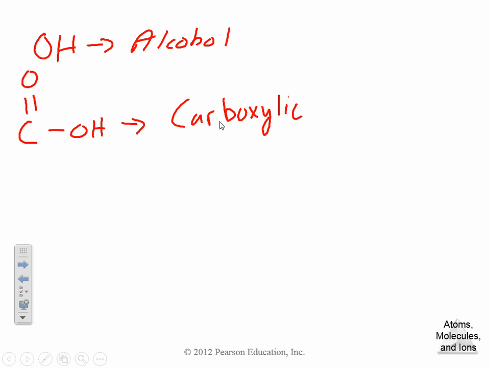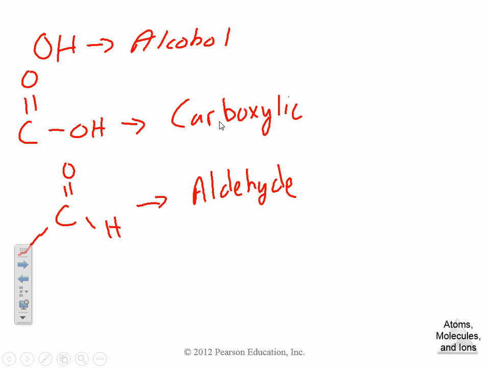Now, if we just remove one and we have a double bond, and we continue with the rest of our chain here, this is an aldehyde. Now, you may remember something like formaldehyde, right? Well, formaldehyde is going to be a type of aldehyde that we can have.